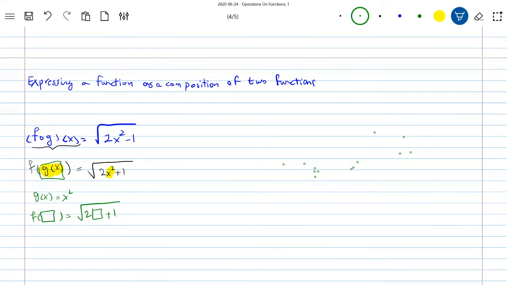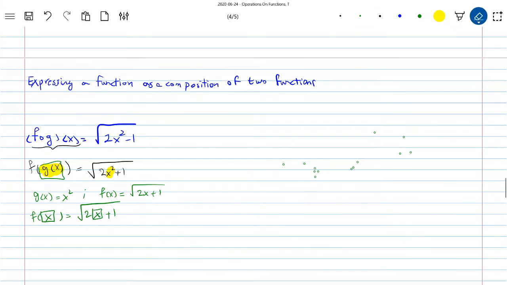Because the box, if it was g of x and it was x squared, then I will get 2 times x squared plus 1. So if this was x, f of x would be 2x plus 1. So I have the option to pick g of x as x squared, and f of x would be square root of 2x plus 1. And if you do the composition, you will see that FOG is exactly the square root of 2x squared plus 1. This is one option.